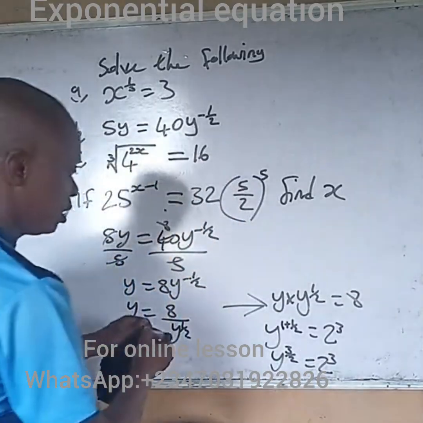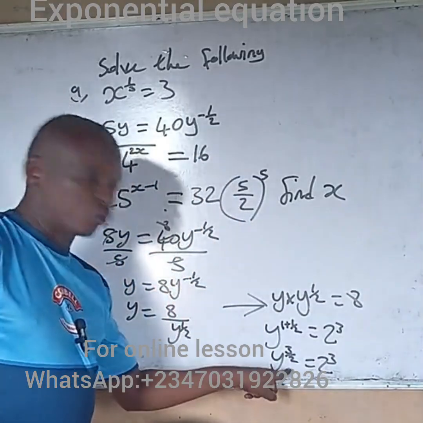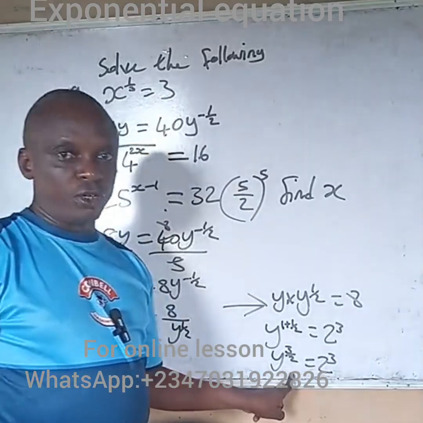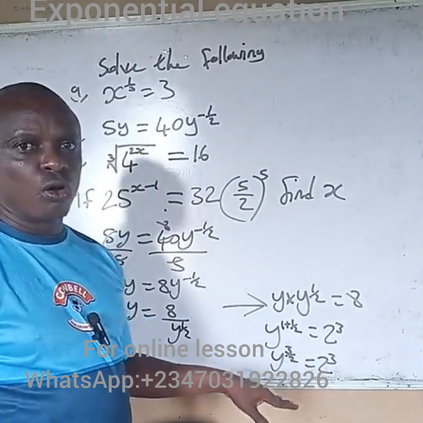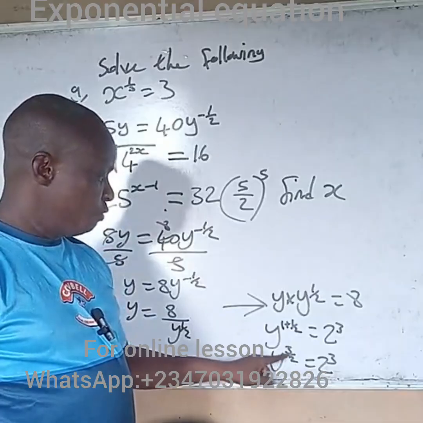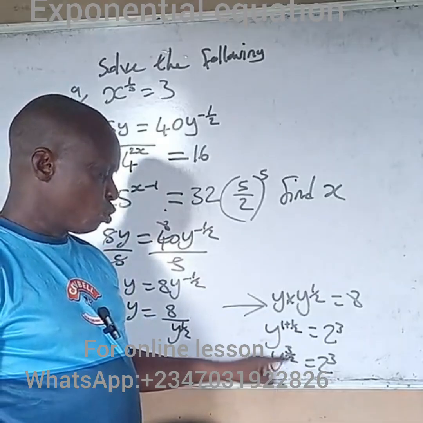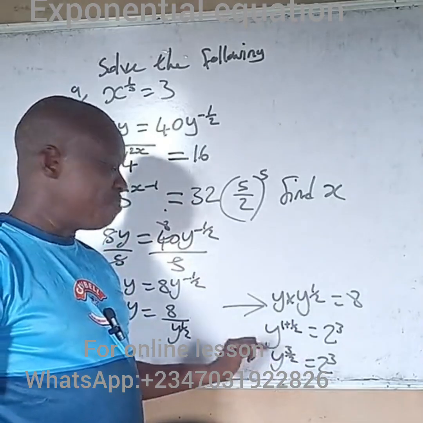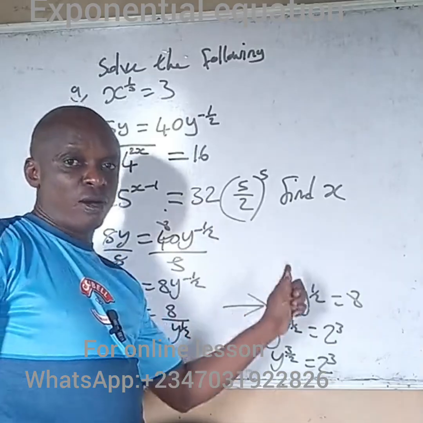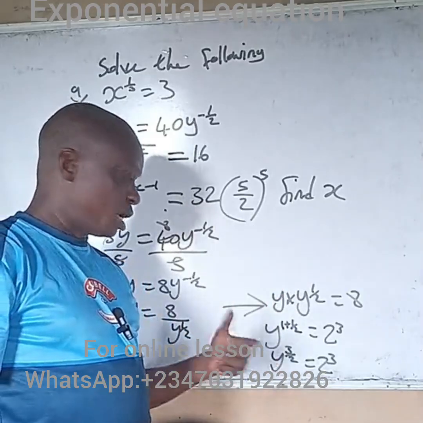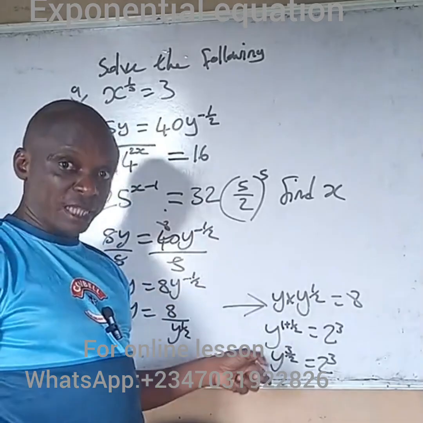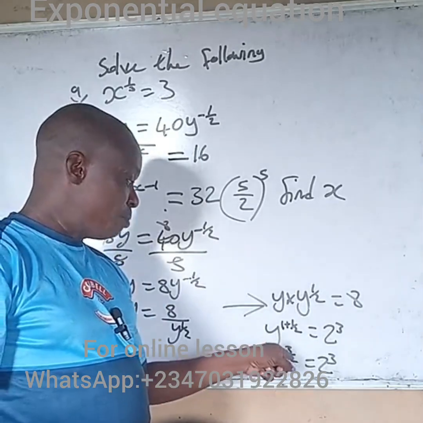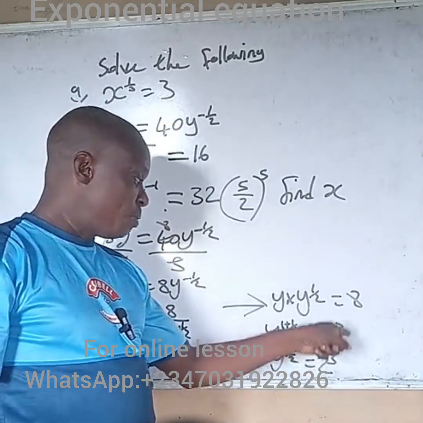Now, finalizing this, like I said, you also use the third law of exponential. So my work here today is based on the third law of exponential. Now, the power of the variable is 3 over 2. So we are going to multiply the power of both sides by the reciprocal of the power of the variable. The variable in this case is y. The reciprocal of 3 over 2 is 2 over 3. So we'll multiply this power by 2 over 3.